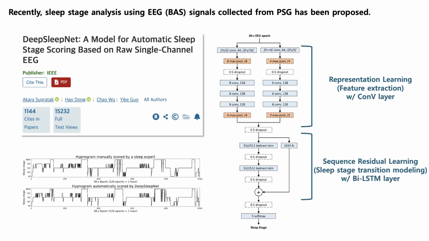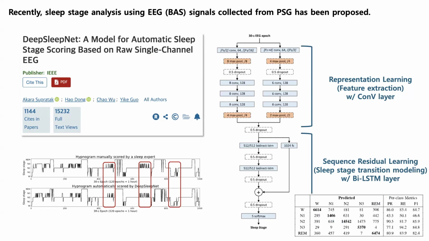In the plot, the upper part is the actual signal Y, and the bottom part is the predicted result. In some parts, the model predicts not that badly. In the table, they show robust performance, like the F1 score in the REM sleep stage.